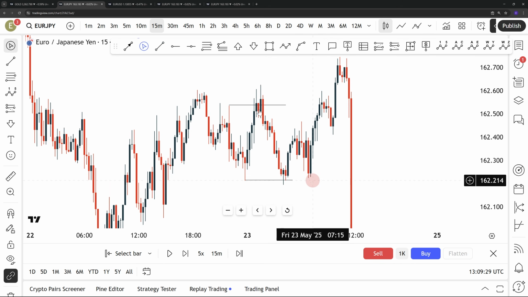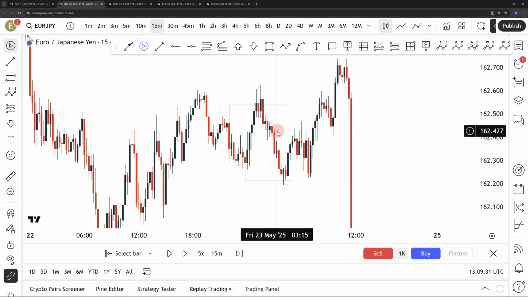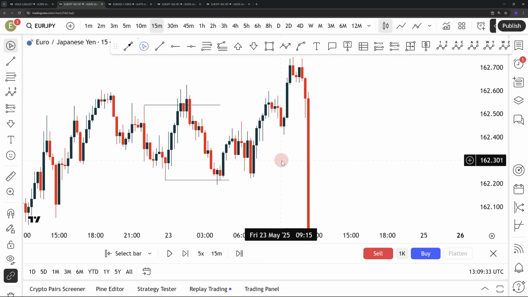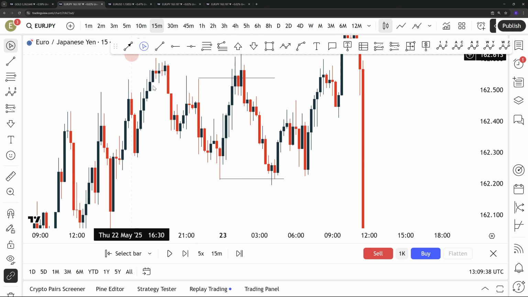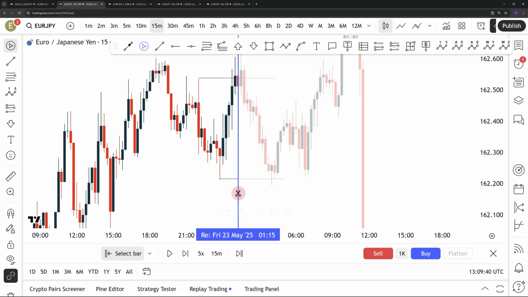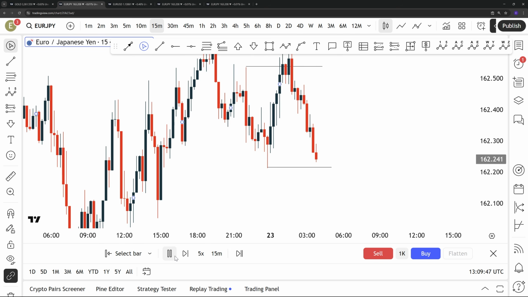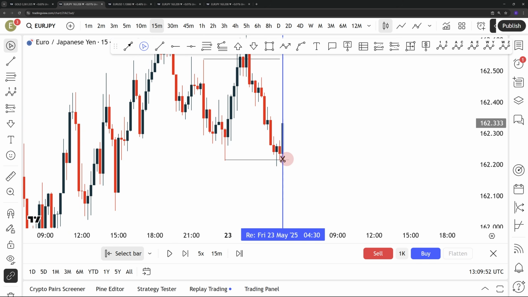But on this one, we didn't have the rejection candlestick. So in this situation, you can do something like this. Let's cut this off here, and then we will have something like this over here.